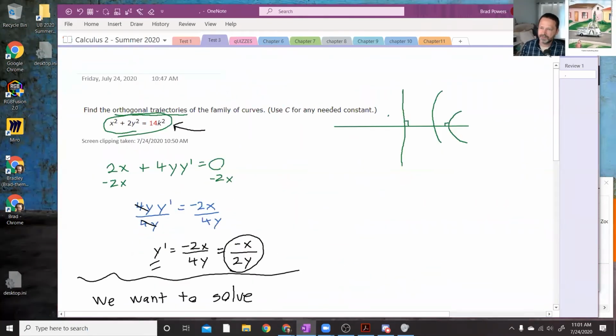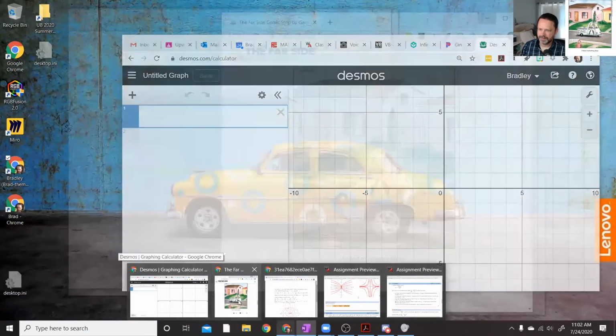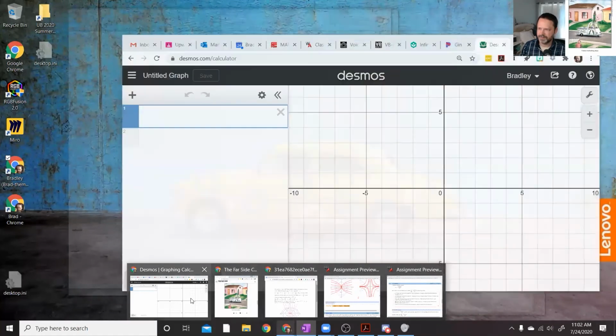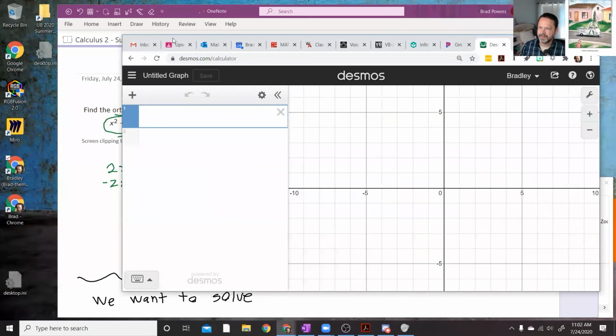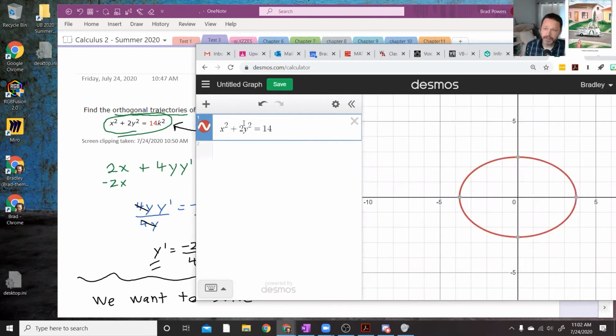X squared plus 2y squared equals 14k squared. Let's move this over. X squared plus 2y squared equals 14k.